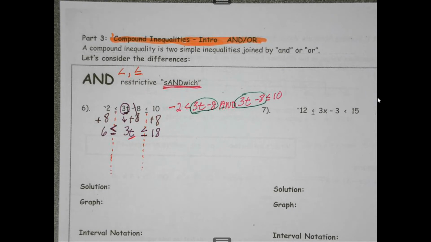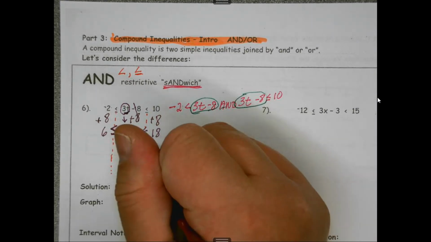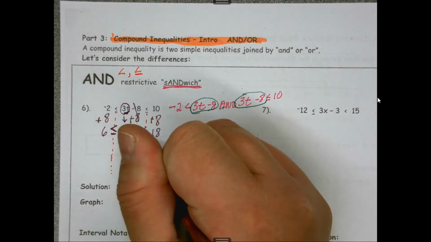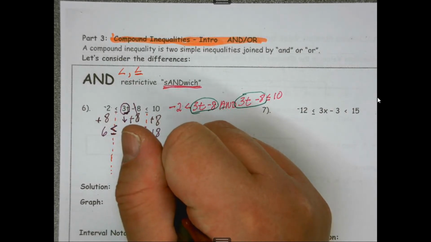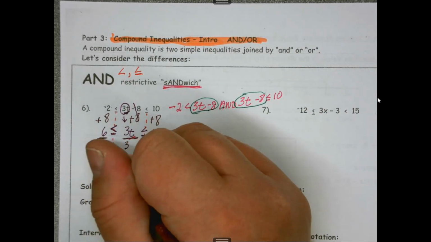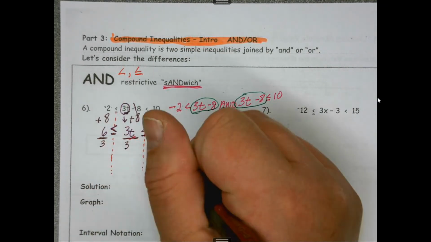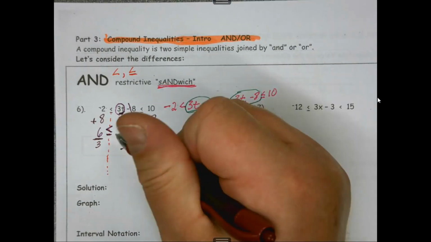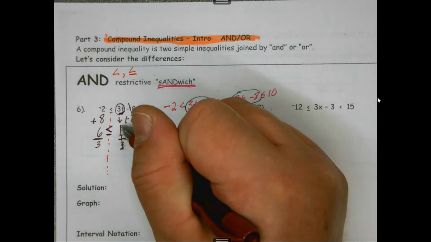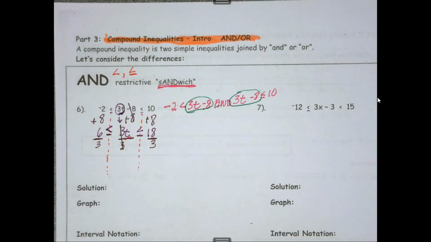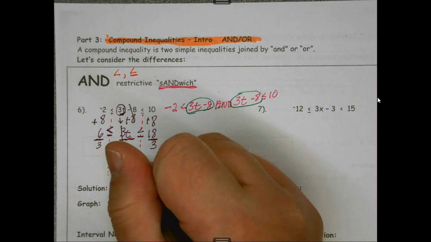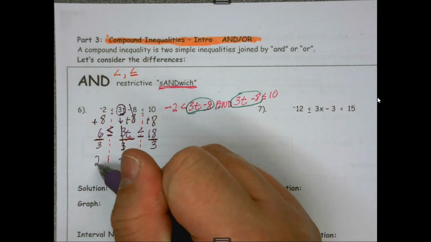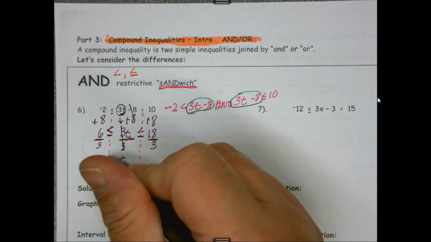Whatever I do to this side of the inequality, I have to do to this side, and to this side. So my 3s cancel. I'm left with my t, and 6 divided by 3 is 2. I divided by a positive number, so my inequality sign stays the same. 18 divided by 3 is 6.